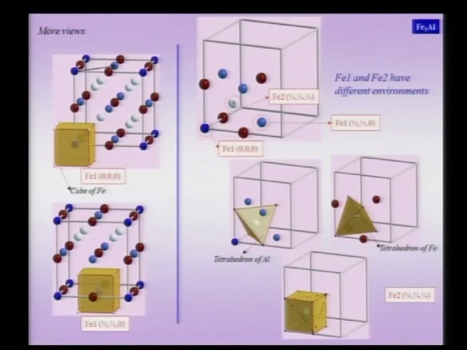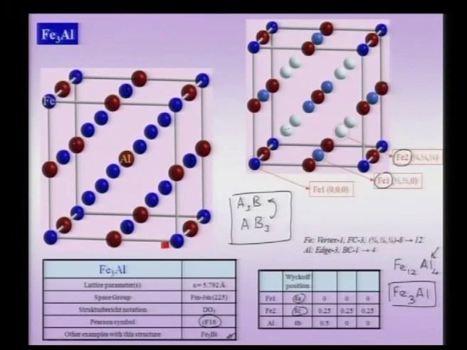So clearly my coordination environment around the central iron atom which is located at 0, 0, 0 is different from the iron atom which is located at quarter, quarter, quarter, which is clearly designated by looking at the Wyckoff positions here. Iron 1 contributes 4 atoms to the unit cell, therefore there is this 4a position, and iron 2 has 8 atoms, therefore 8c.